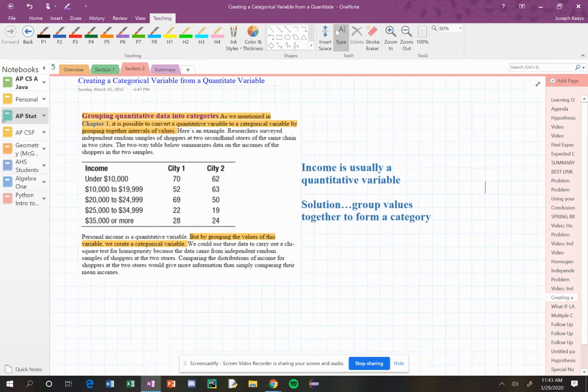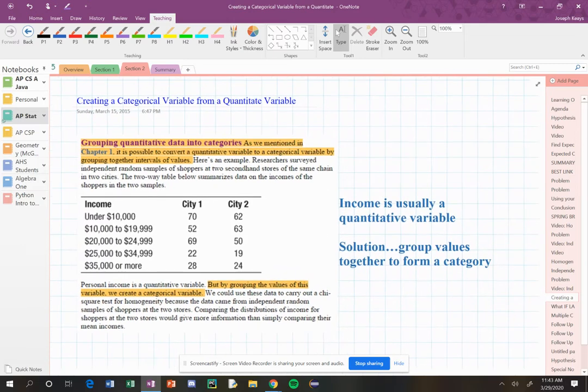Next one is how we handle variables that are not categorical. So income, for example, is usually a quantitative variable. So how do we make do here in this chapter for goodness of fit and chi-square test for independence and homogeneity if we cannot use a quantitative variable? Well, notice what they've done over here. They have grouped together values in these ranges.